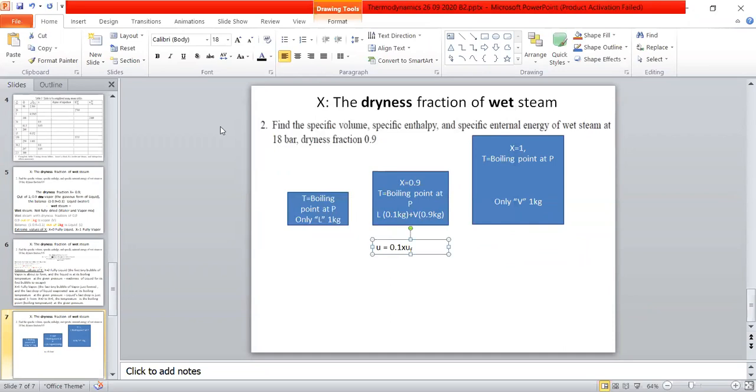So you will get the liquid portion, the internal energy component, plus the vapor component, which is 0.9.